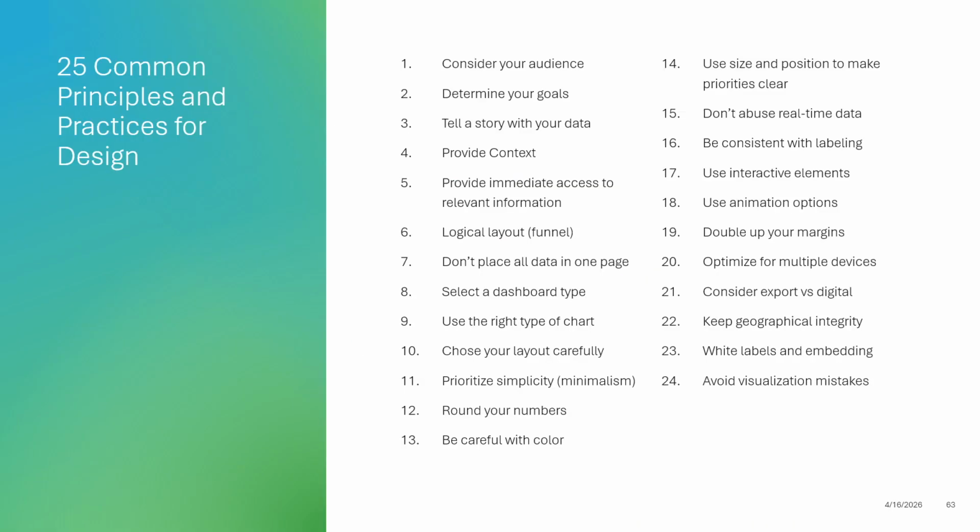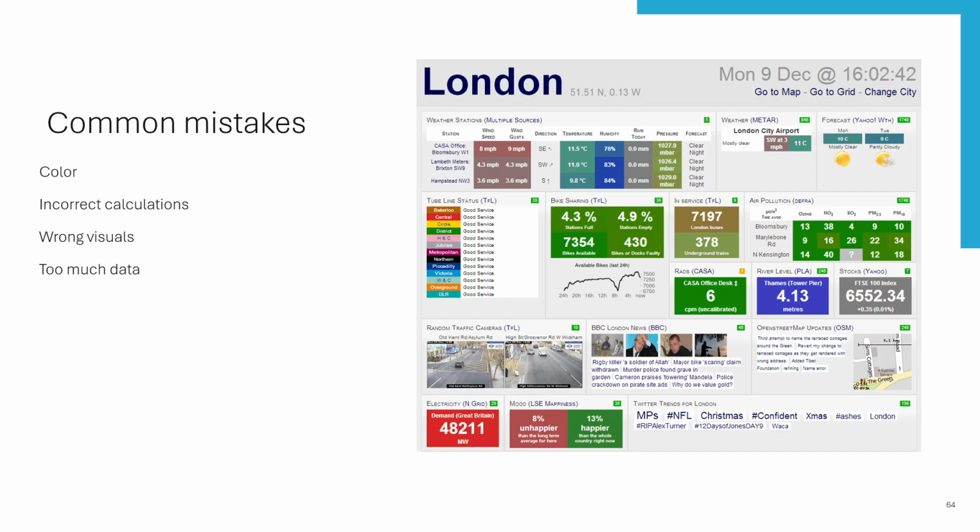Then avoid visual mistakes, and common mistakes are color that we are using to represent things that are not really important. For example, look at this: temperatures are on a scale, and humidity is on a scale, but it is not clear if the darker is better or the darker is worse, and why we are using different things, and what gray means, for example, here.